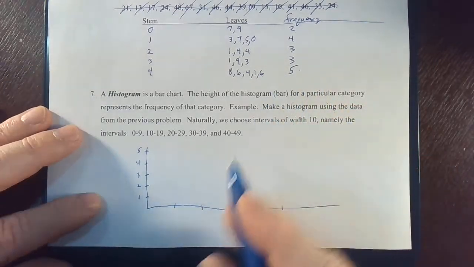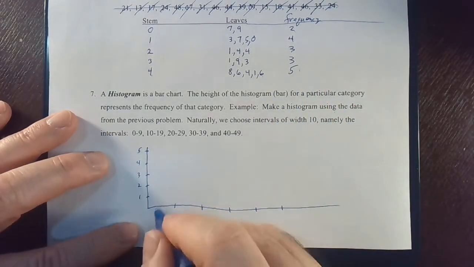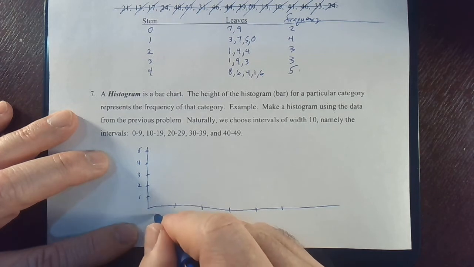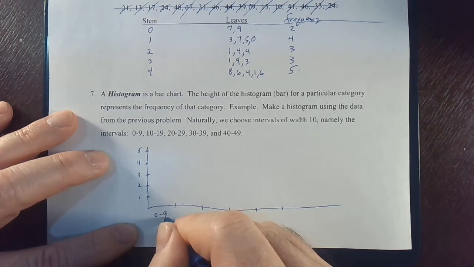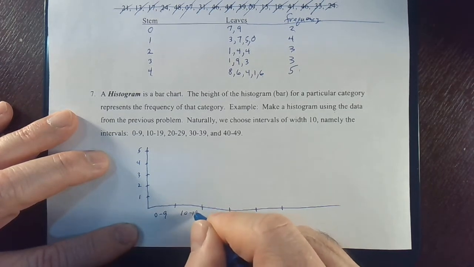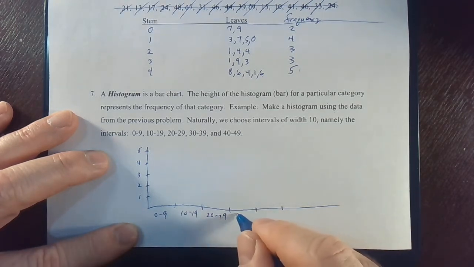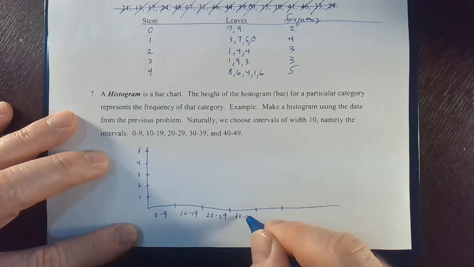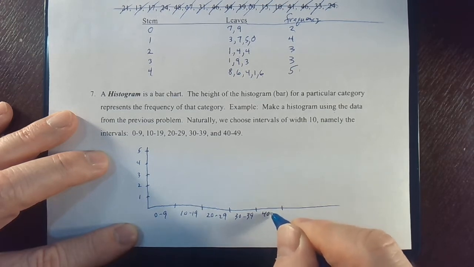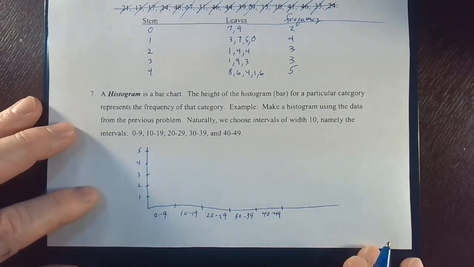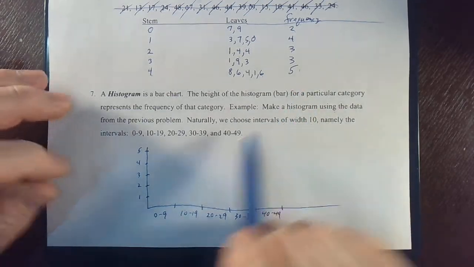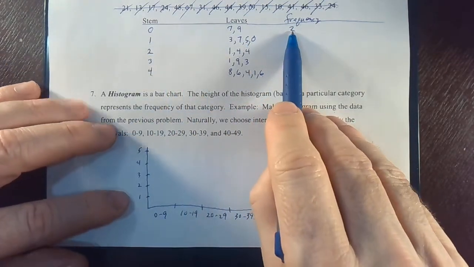So the first one, we're going to label the categories down here. We're going to do 0 to 9 here, 10 to 19 here, 20 to 29 here, then 30 to 39, and finally 40 to 49. So notice from 0 to 9 we have a frequency of 2.